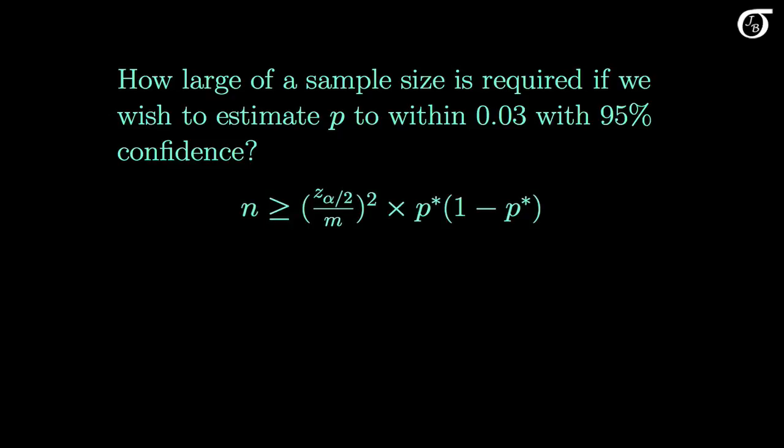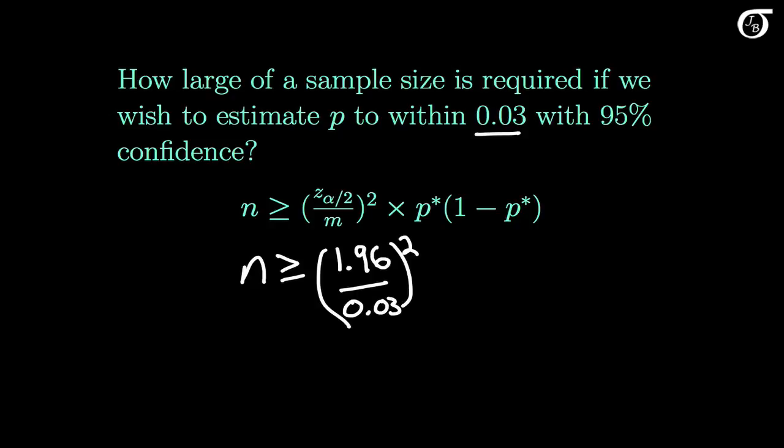Here's the sample size formula. The sample size must be at least this quantity. The z value corresponding to a 95% confidence level is 1.96. And we want to estimate p to within 0.03, so m is 0.03. And we square that quantity.